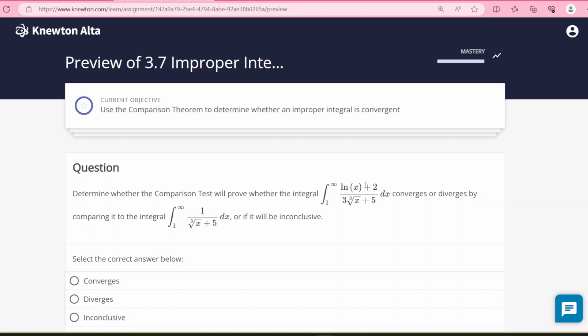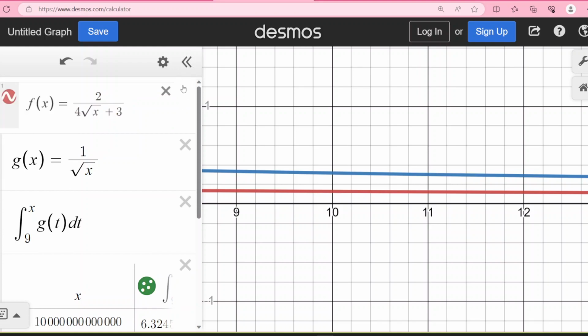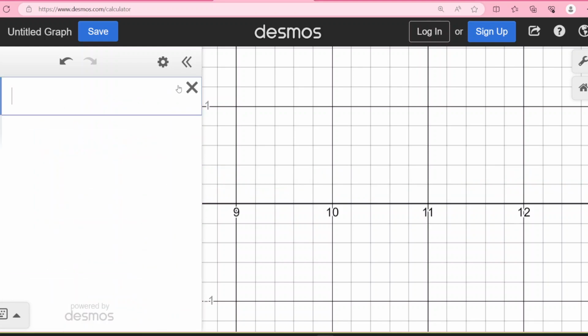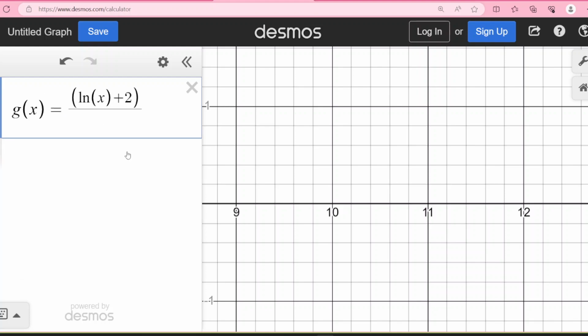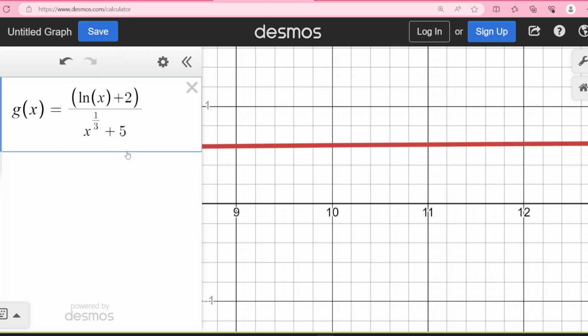All right, let me actually enter these. I'm pretty sure this first one is going to be the larger function. All right, well, let's just double check. I could do it by hand, but like I said, I'm pretty sure the one we start with, I'm going to call it g because I feel like it's going to be the larger one, is the natural log of x plus 2 divided by, and then we had the cube root, right? 3 x to the 1/3 power plus 5.